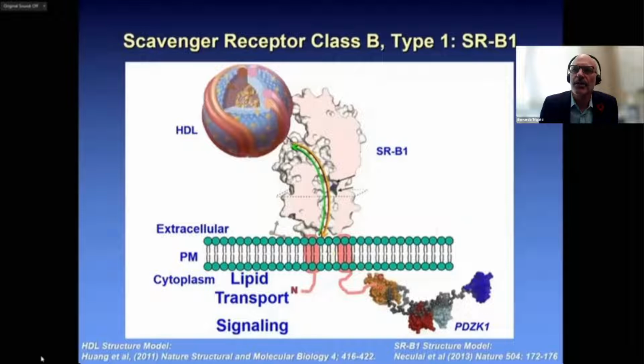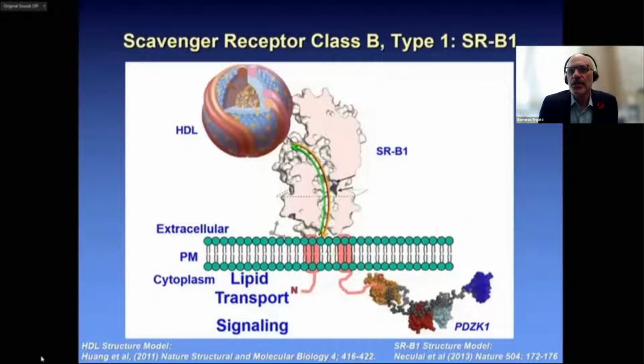As you can see from the structure of SRB1, which was first described based on the solving of a structure of a related protein by Neculai et al. and reported in Nature, this structure contains a channel which turns out to be a hydrophobic channel through which the lipids traverse from the bound HDL particle. SRB1 can mediate the bidirectional flux of lipids from the bound HDL into cells or from the cell membrane out.